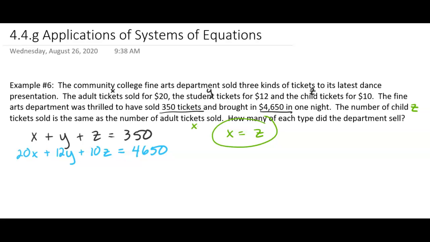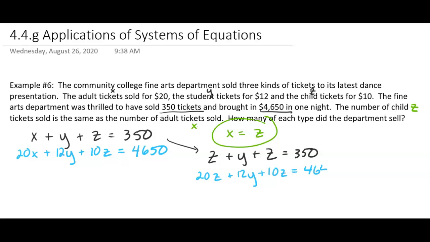Where can I put that? So I'll come over here. Z plus Y plus Z equals 350 then. And then in the bottom equation, the blue equation, I can write 20Z plus 12Y plus 10Z equals 4,650.